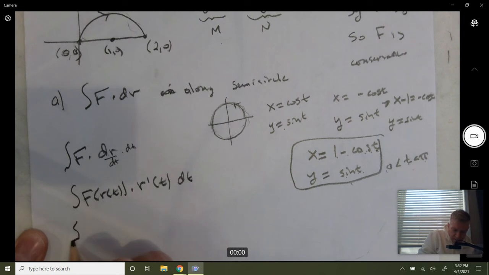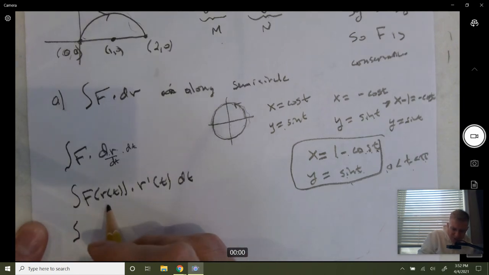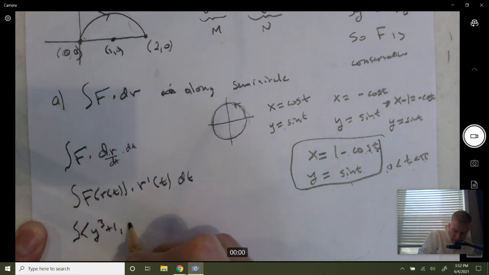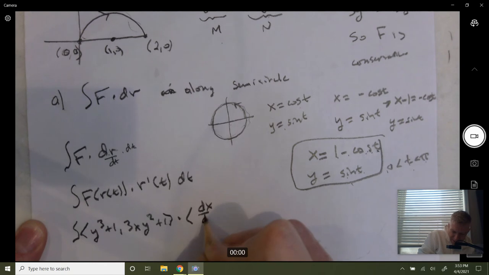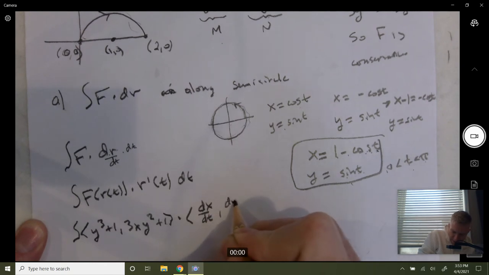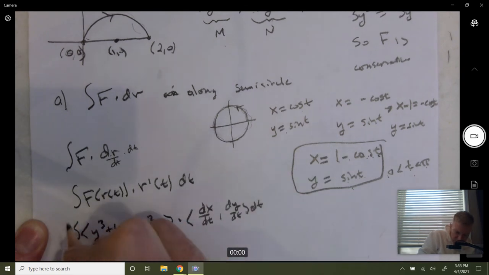And so our F function is y cubed plus 1 and 3xy squared plus 1, dotted with dx/dt and dy/dt, and t is going from 0 to pi.